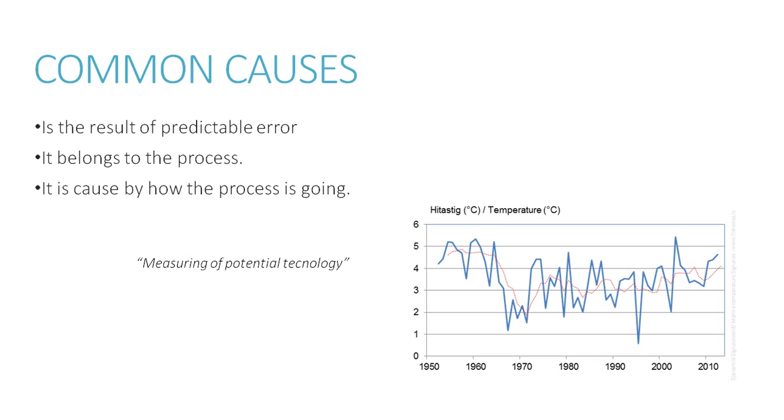But this variability is not so noticeable. Well, it's common, but you cannot notice it at all. So if you solve this variability, practically you will have the potential technology. That's why it is called the measure of potential technology.